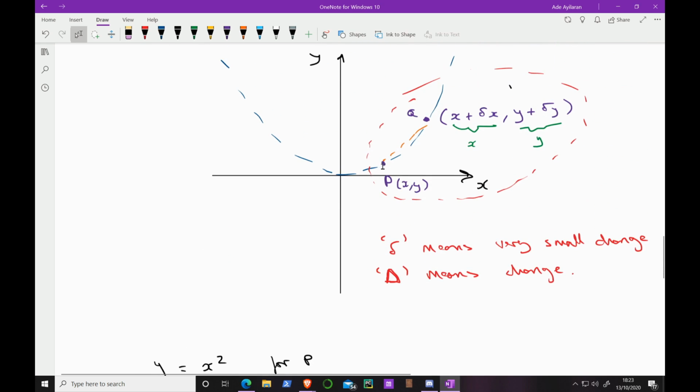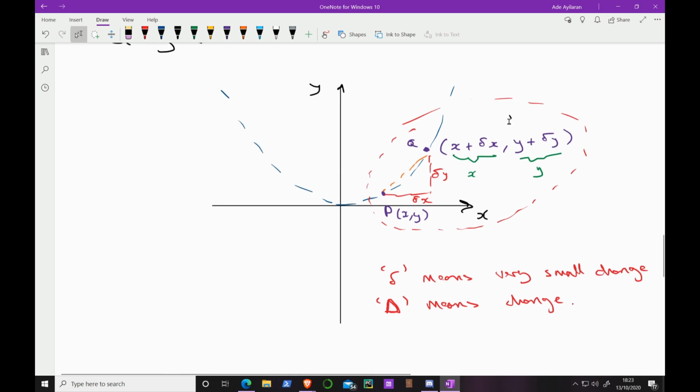Because if we look back here, the only difference between Q and P is a small change in x and a small change in y. And if we do the whole shebang of finding the gradient of this line between P and Q, it's really just delta y over delta x. Do you agree?